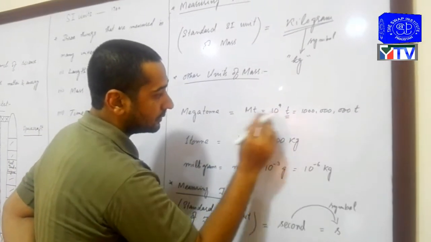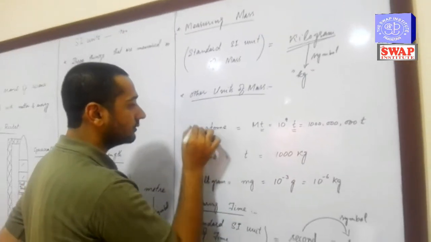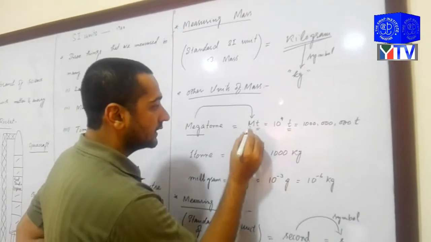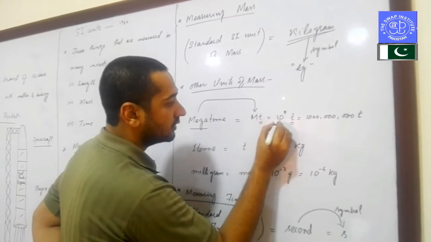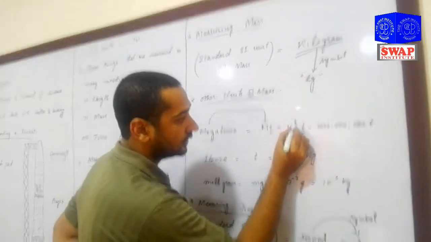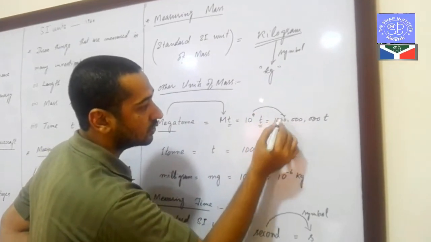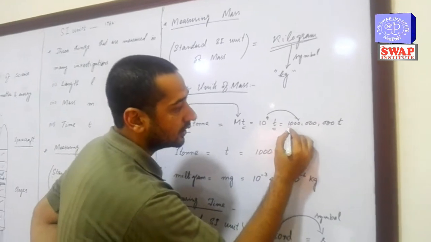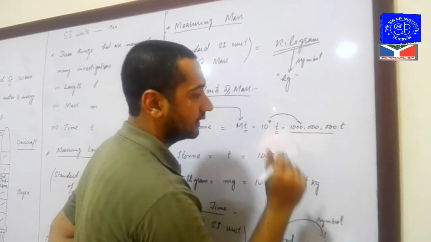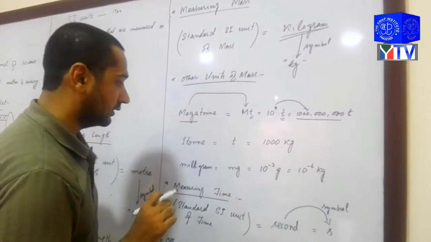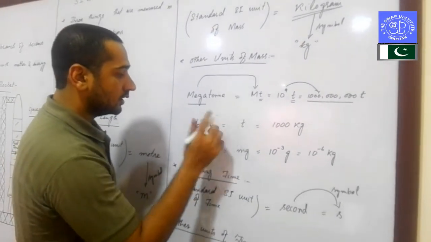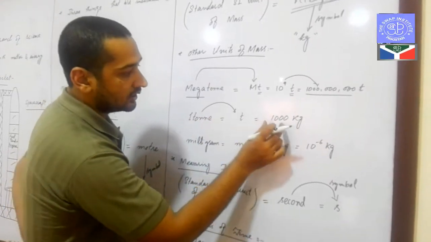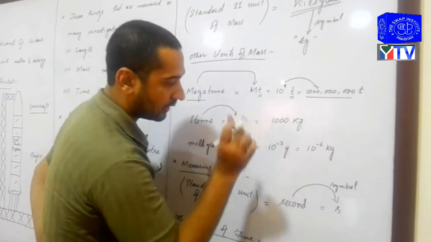Basically ton is represented by small t, and mega is represented by capital M. 1 mega means 10 raised to 9, which means 9 zeros after the 1. So there are 10 raised to 9 tons in 1 megaton, and 1 ton contains 1000 kilograms.